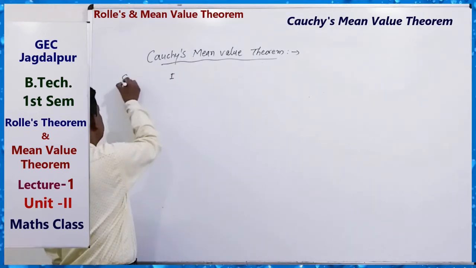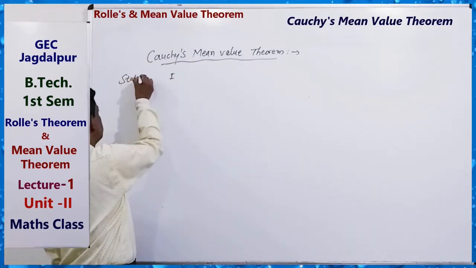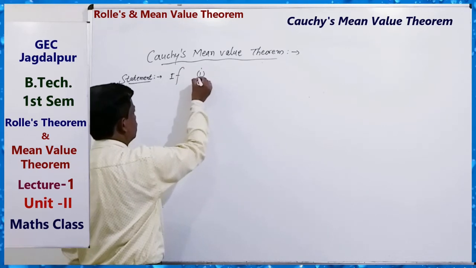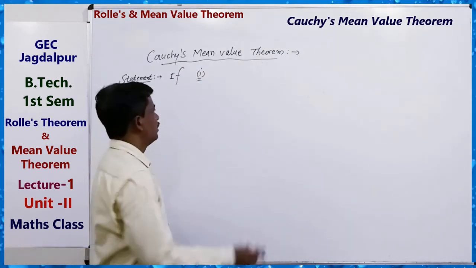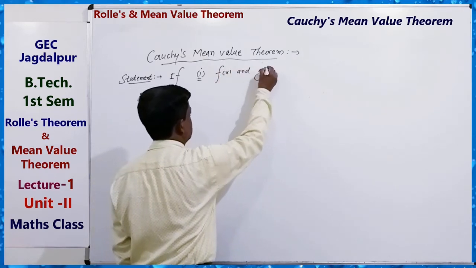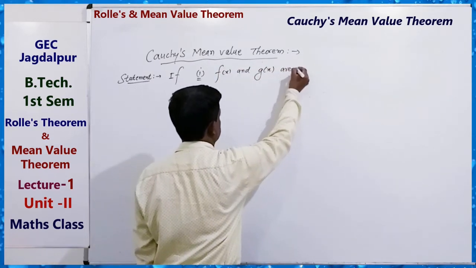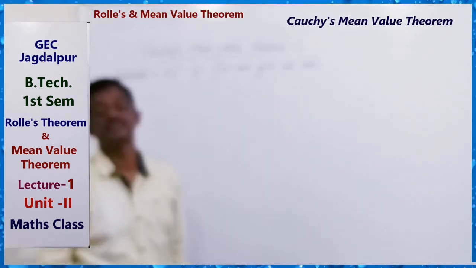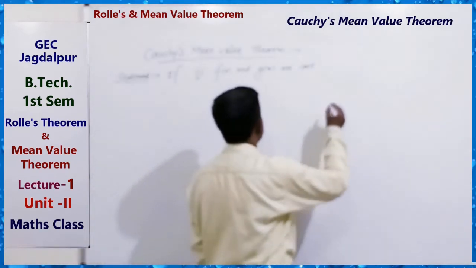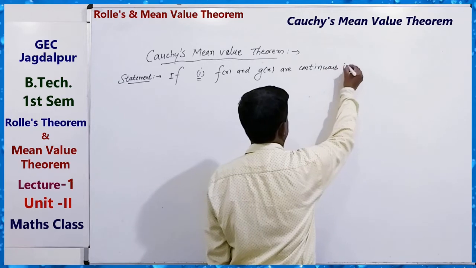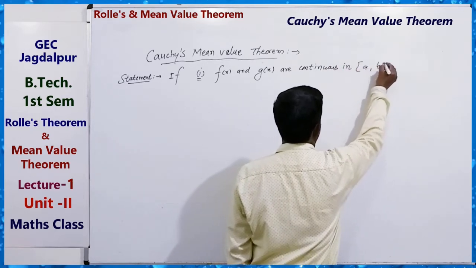The statement: if, first, f(x) and g(x) are continuous. Here there are two functions; up to now we have seen a single function f(x). Here f(x) and g(x) are continuous in the closed interval [a, b].